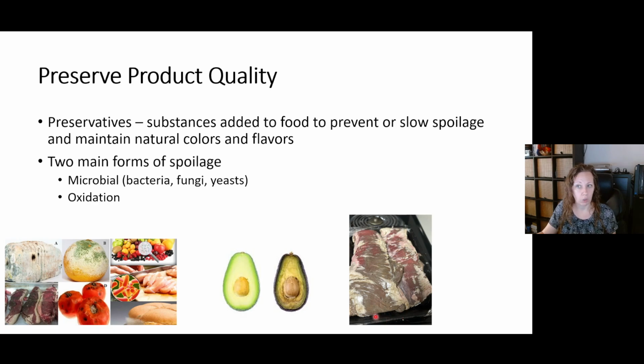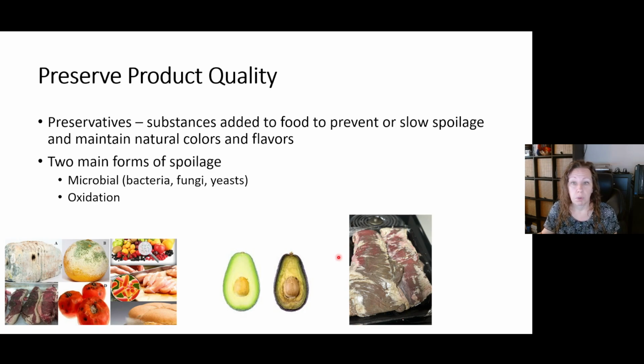The myoglobin, which is the meat color pigment, has oxidized to what's called metmyoglobin, and metmyoglobin is brown in color.